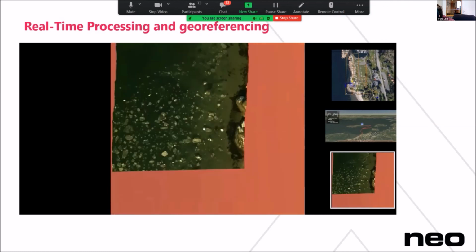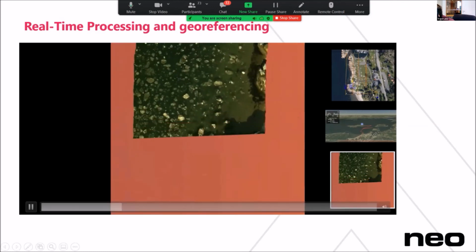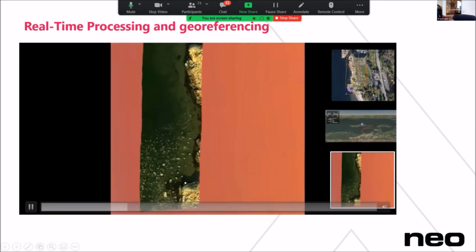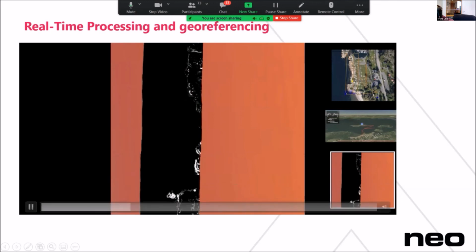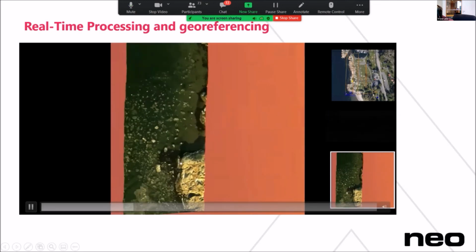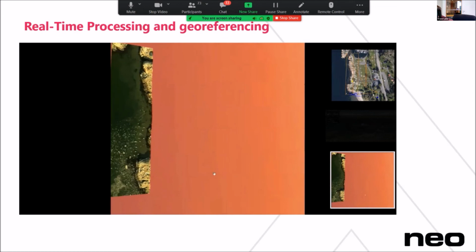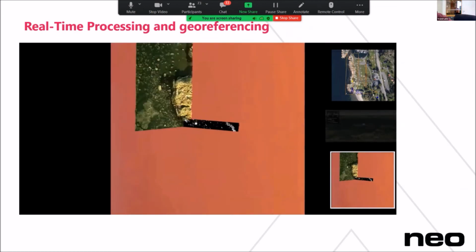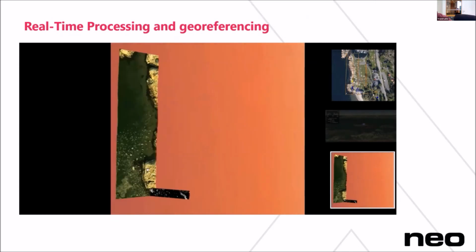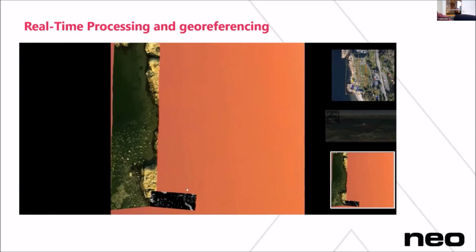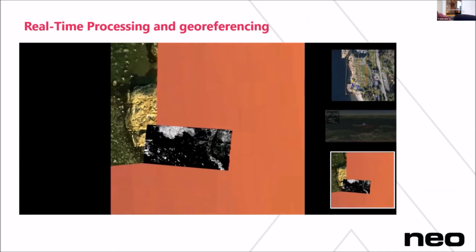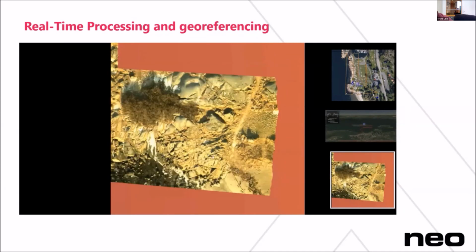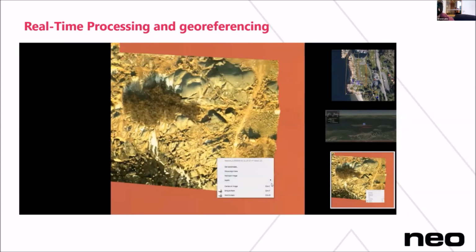But we are switching now to NDVI, and you can still see that there is some vegetation around the coastal area here. And now NDVI again, zooming in, you will see some vegetation. But again, it's February in Norway, so not too much chlorophyll.